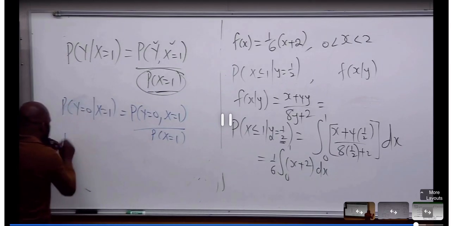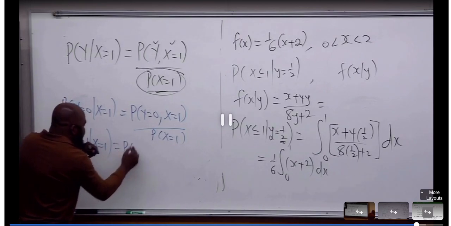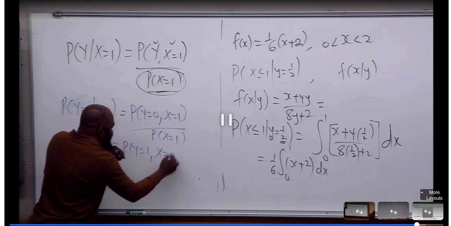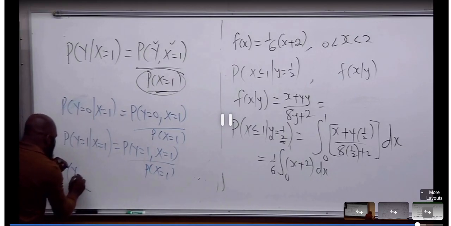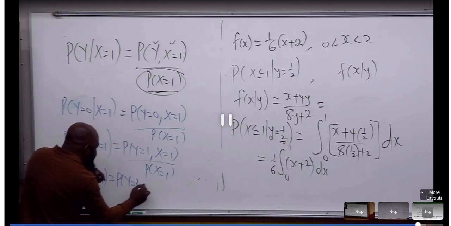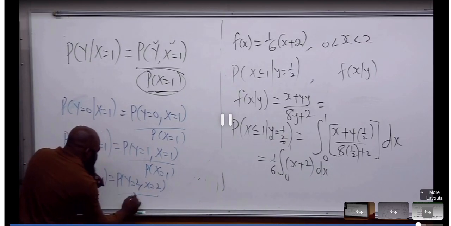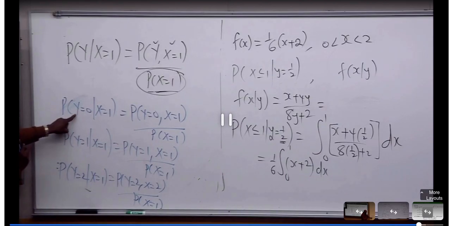Another one, when y equals 1, given x equals 1, you're going to find it. When y equals 2, given x equals 1, you're also going to find it. So what has happened now? Y becomes a random variable.